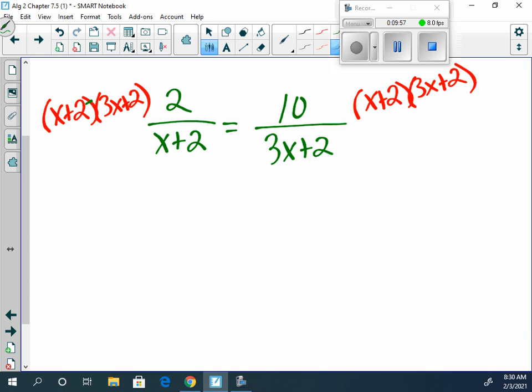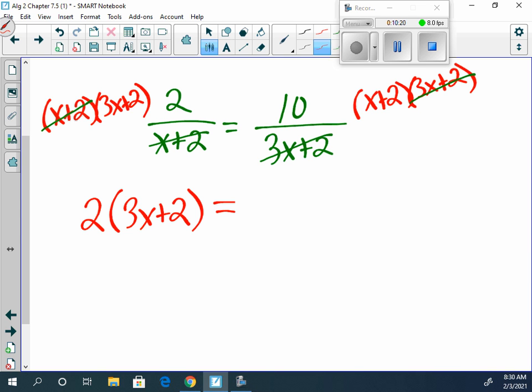Because here, x plus 2 over x plus 2 does simplify, yes? 3x plus 2 and 3x plus 2 simplify. Now on the left-hand side, we're left with 2 times 3x plus 2, yes? What happened to the x plus 2 over here? Is it gone? Well, it's gone, yes? Is it gone completely from this equation?